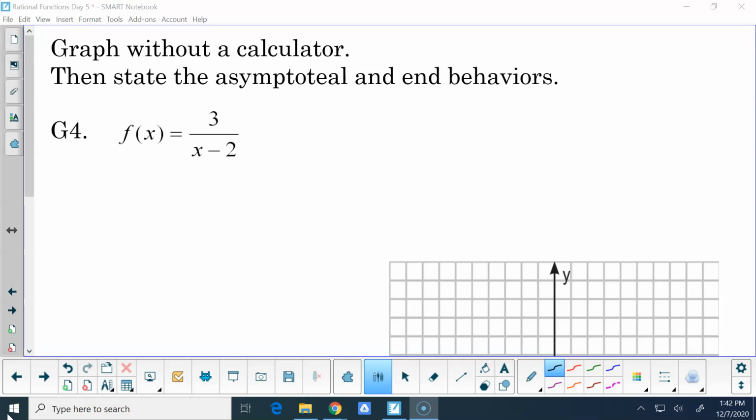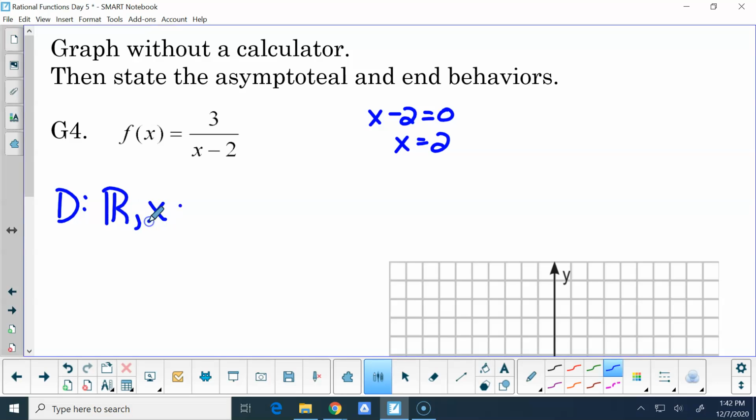So, step number 1 says find the domain. We take our denominator, set it equal to 0, and solve, which gets me x equals 2. That tells me my domain is all real numbers, but x cannot be 2, which tells me I've got a vertical asymptote at x equals 2.